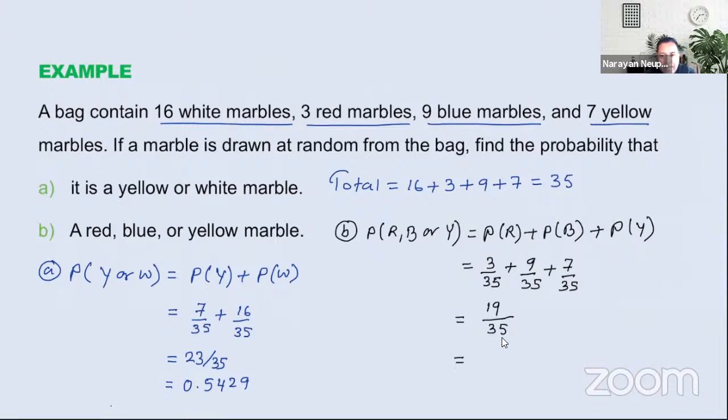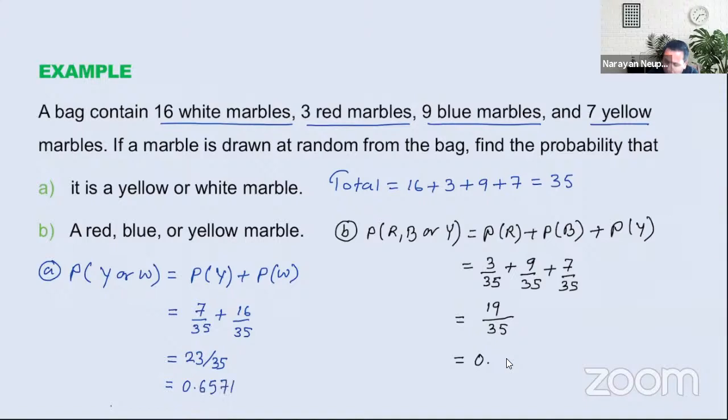And if we simplify this using a calculator, make sure you check it. Okay, hold on. The previous probability, I don't know whether you checked that or not. 23 over 35 should be 0.6571.